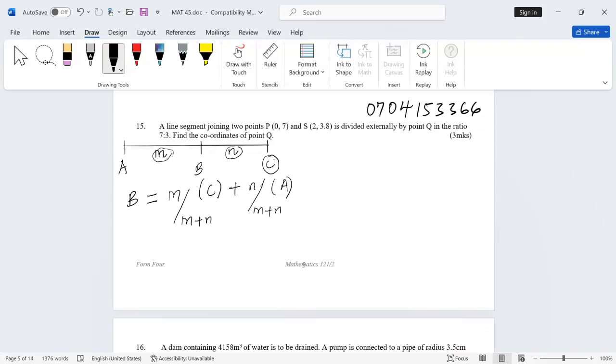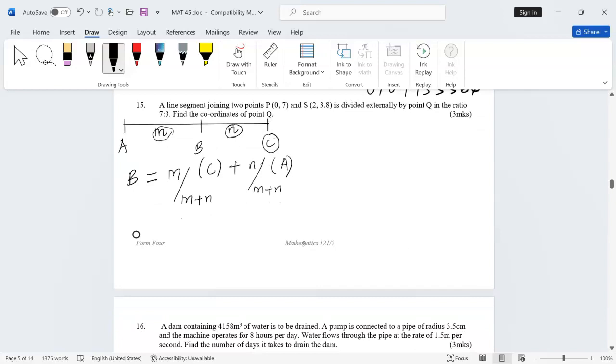But when we take ratio N, then we should multiply with coordinate A. So that is how we get B according to the ratio theorem.